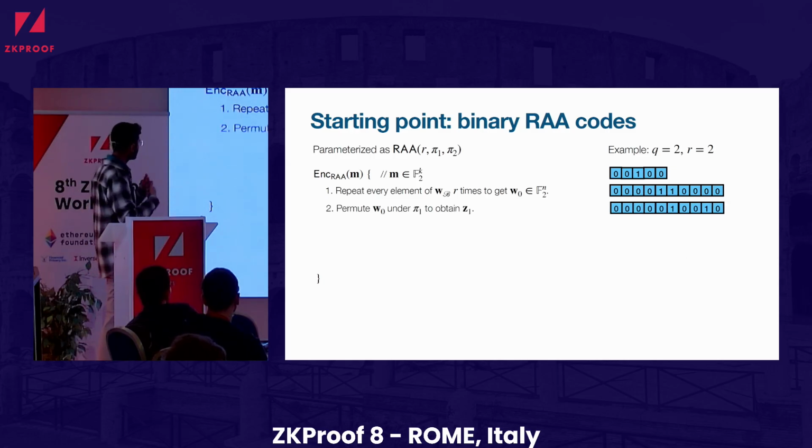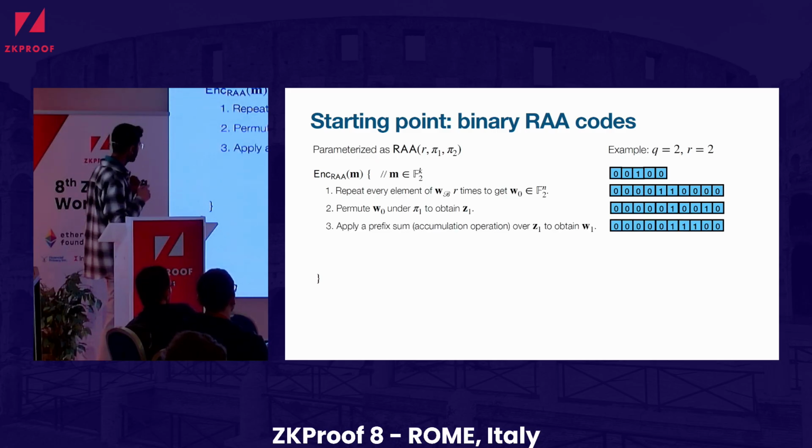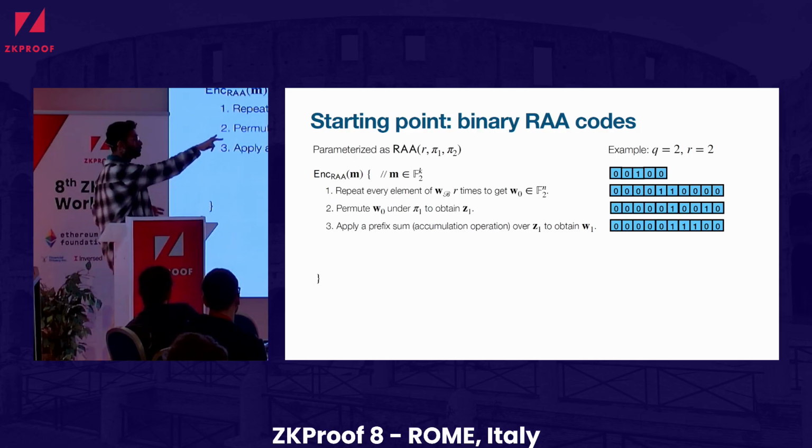Then you permute the resulting vector under this permutation to obtain a new vector. After the permutation, you apply a prefix sum, which is what we call an accumulation operation, to in some ways boost the Hamming weight of the vector. Earlier, you can see there were only 2 ones in your vector, but now, because of applying this prefix sum operation, you are getting a little bit extra ones.